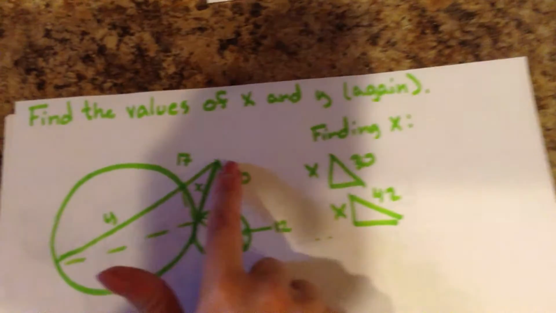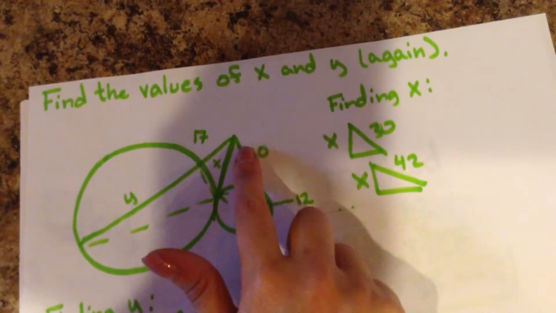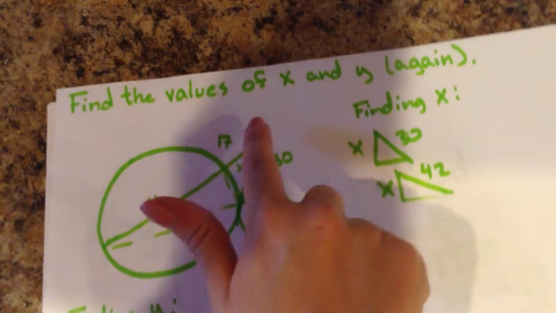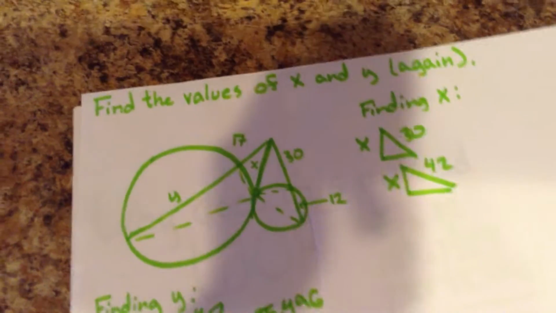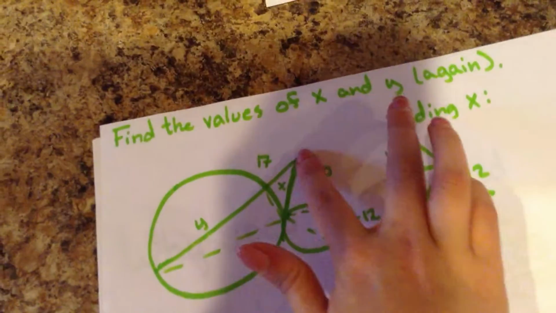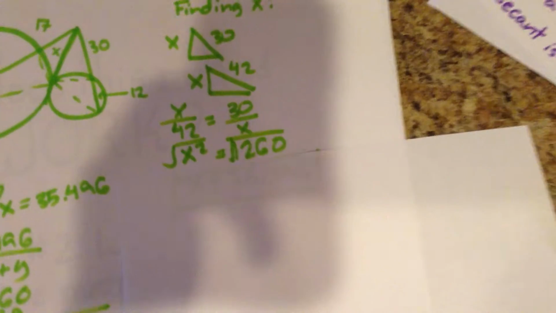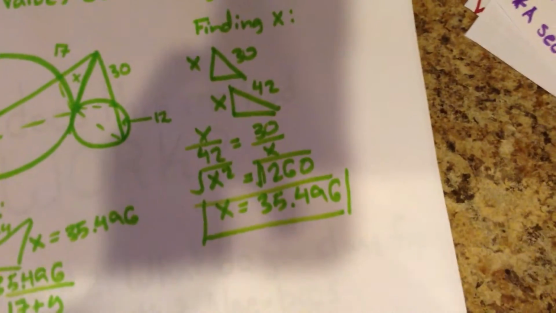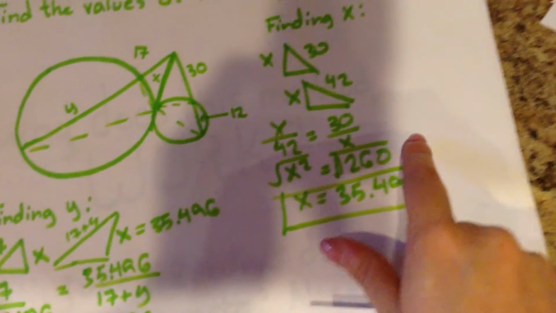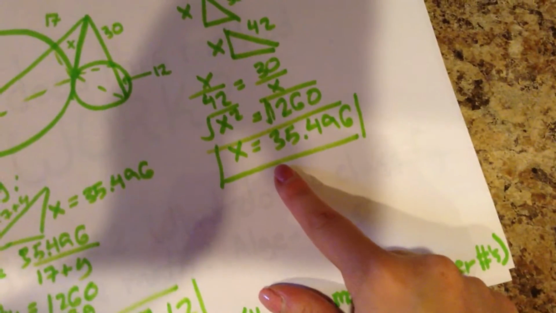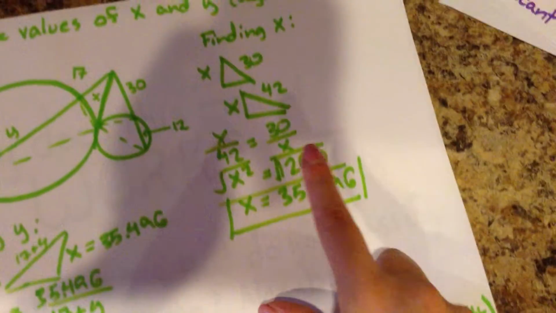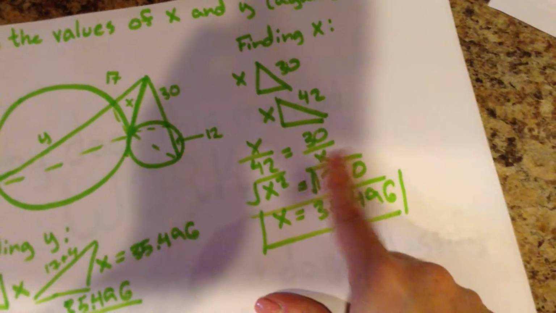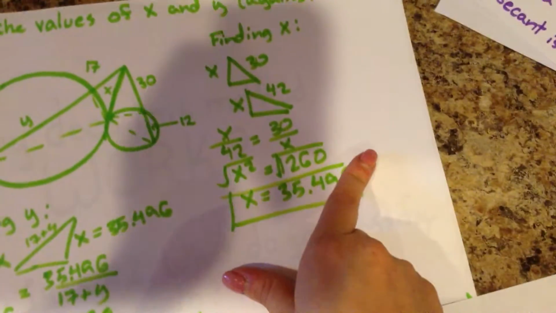So, x and 30 is the first one. X and 42 is the second one because we're drawing our big triangle right here. And then we have x is to x as 42 is to 30. X squared, square root, x equals 35.496. This one isn't as hard because it's just setting up the proportions and doing the triangles.